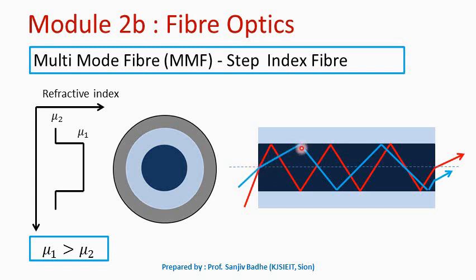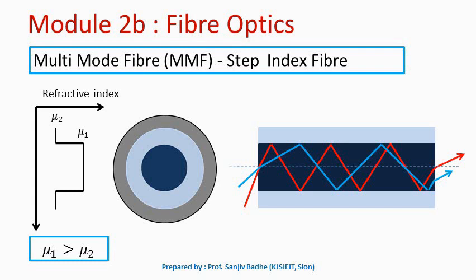Let us consider two light rays traveling through this optical fiber. One light ray is shown in red color. It is arriving at the other end after multiple reflections, and this is light ray number 2, which is also arriving at the other end after multiple reflections.